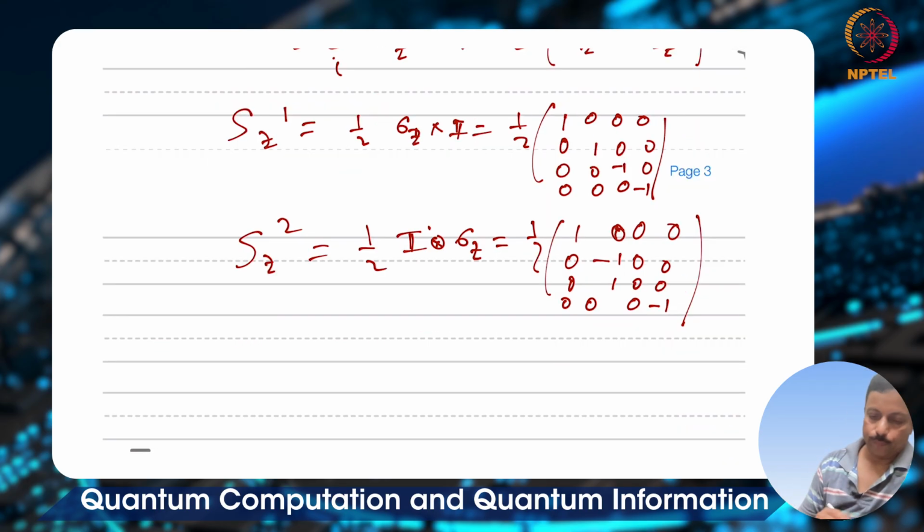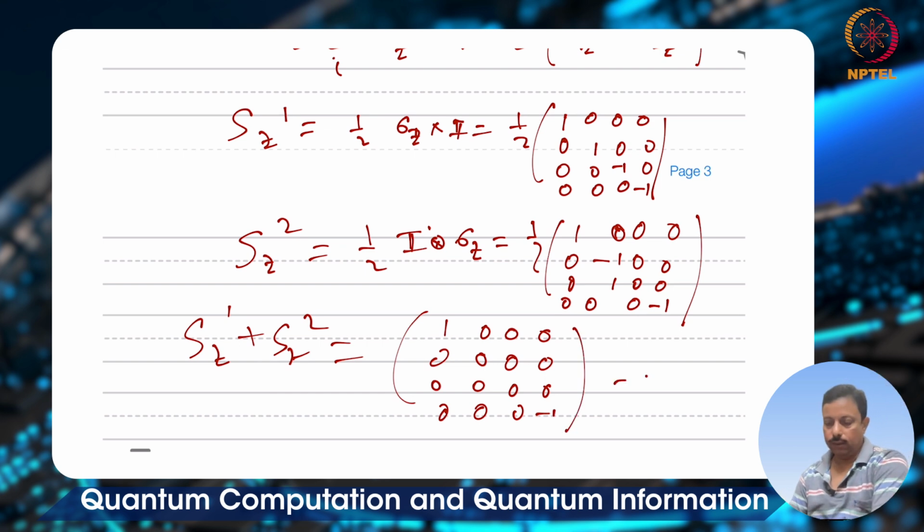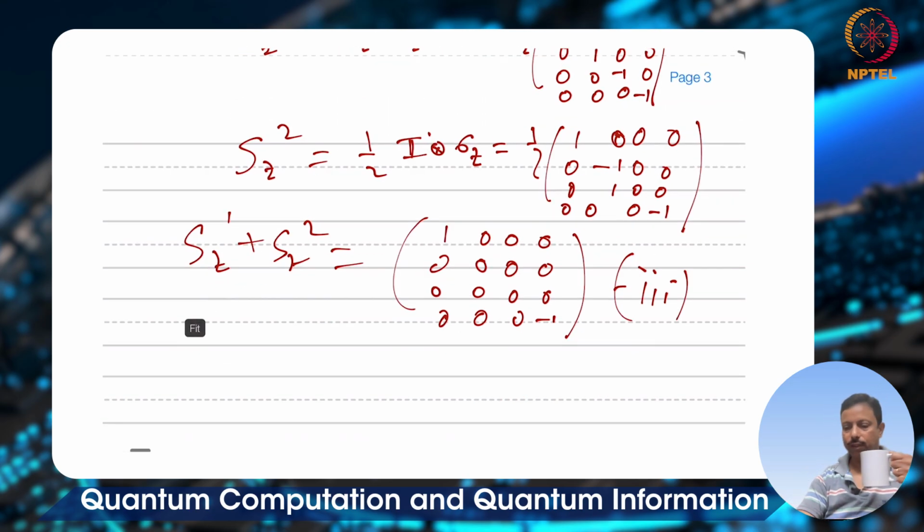So Sz1 plus Sz2 is simply the diagonal matrix 1, 0, 0, minus 1. Okay, let's say this is 3. So if we combine the matrix, I'm going a little fast because these are very trivial things.